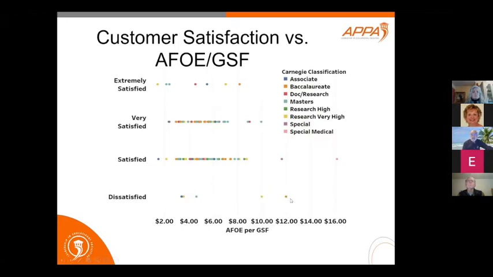I wouldn't dare mention who that might be because it'd be embarrassing. And they're spending an awful lot of money, maybe almost 6 times more, and their customers are very dissatisfied. So this may give you a good sense of where you are and maybe give you some ideas of where you want to go to validate your value to the university.